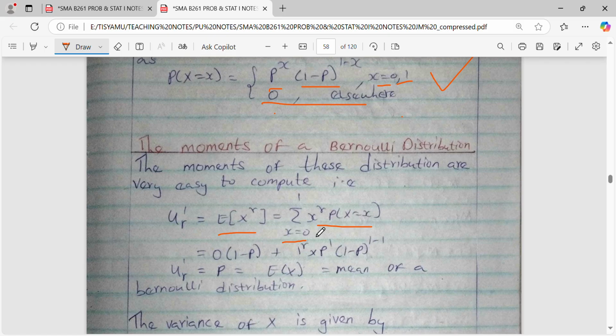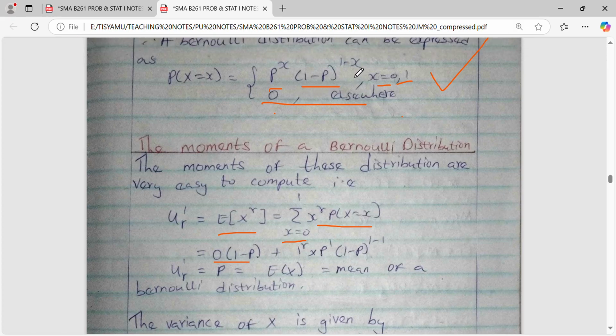And therefore, we'll have 0 raised to r, which is 0, times 1 minus p. Next, we are going to substitute x with 1. So where there is x, we put 1. So we are going to have 1 raised to r times p raised to 1 into 1 minus p raised to 1 minus 1. 1 minus 1 is 0, so 1 minus p raised to 0 is 1.